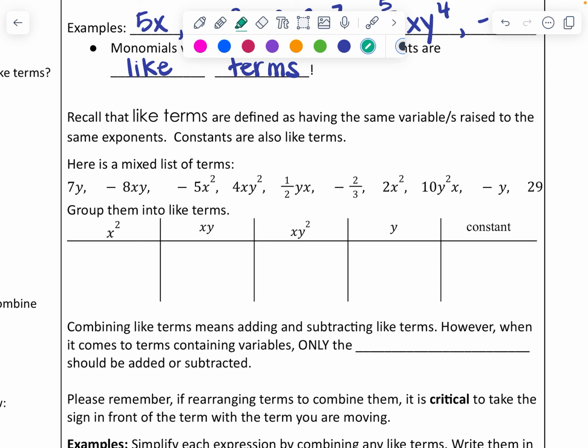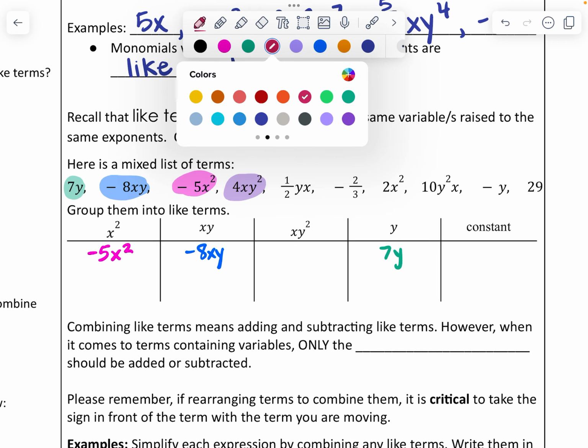So we're going to go through each of these examples and categorize them with their like terms. So let's start with 7y. 7y needs to be grouped into the column where there is only a y and there's no exponent. Negative 8xy would have to go here, where it's xy, no exponents. 5x squared would go in the x squared category. 4xy squared.